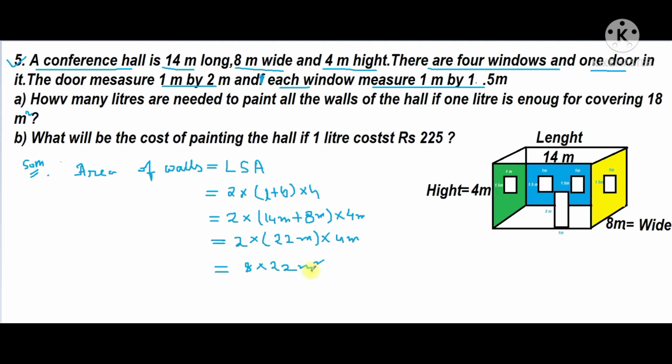The unit will be square because this is area, right? So 8 into 22 gives 176 meter square. This is the total area of the four walls.